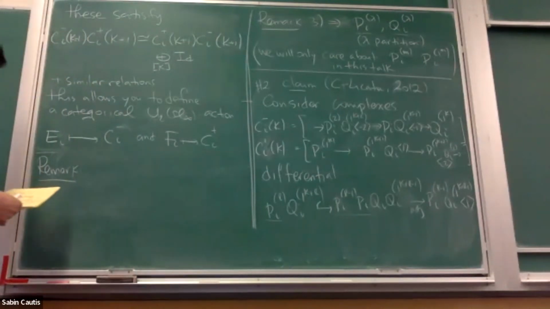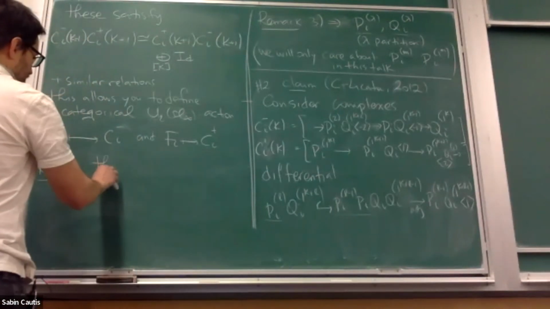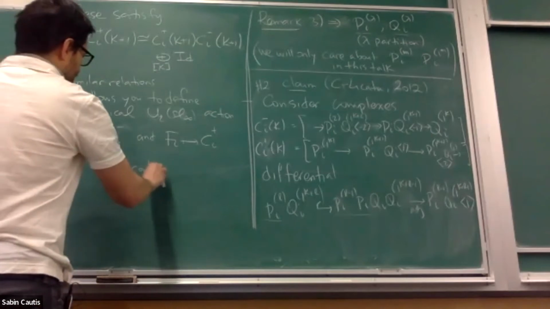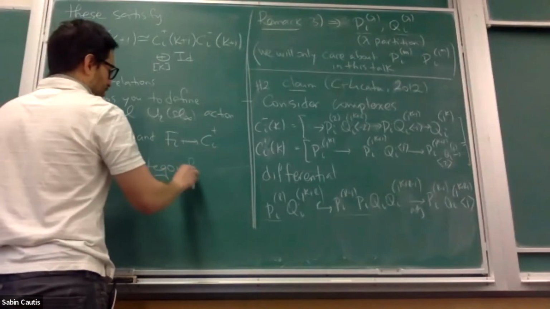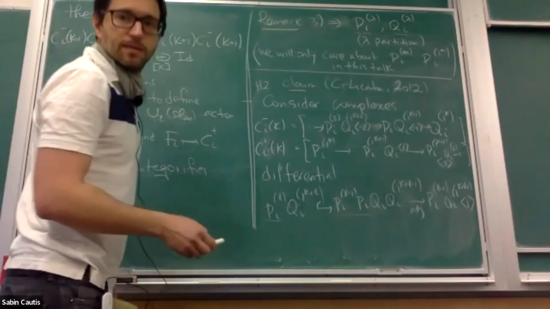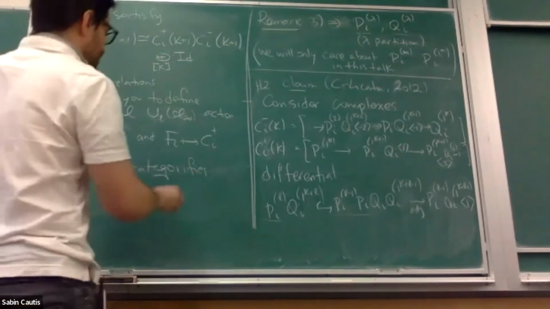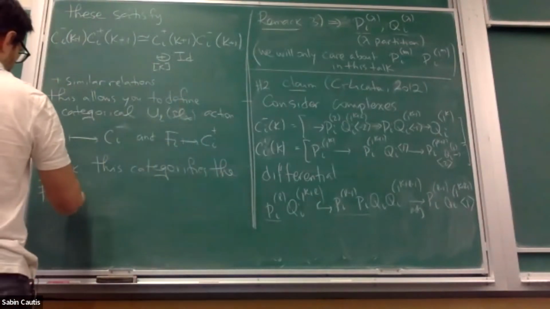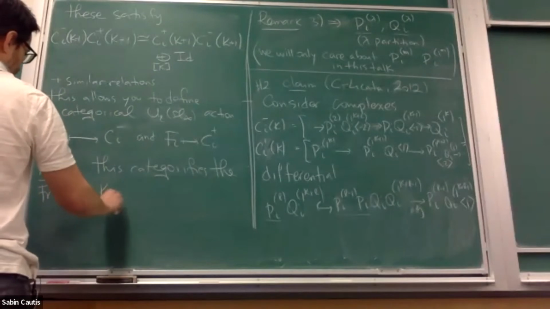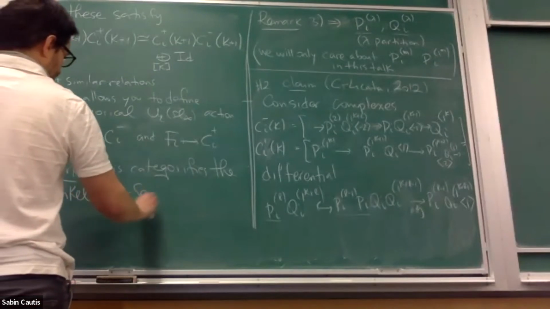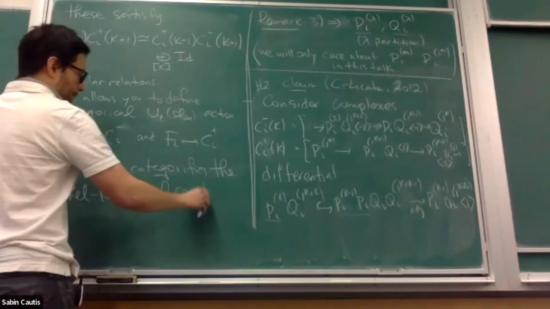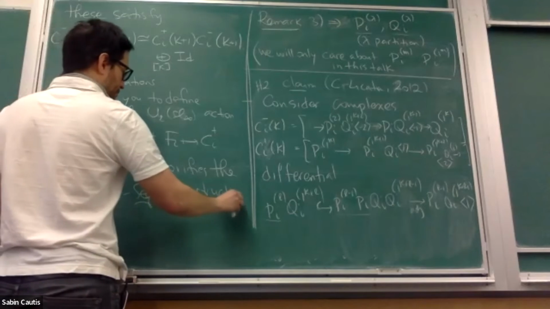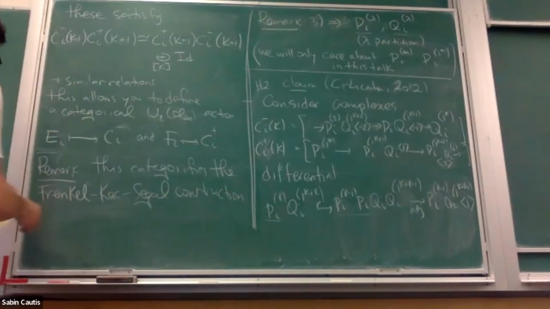is that this categorifies the Frenkel-Kac construction. This is a vertex construction, if you like.